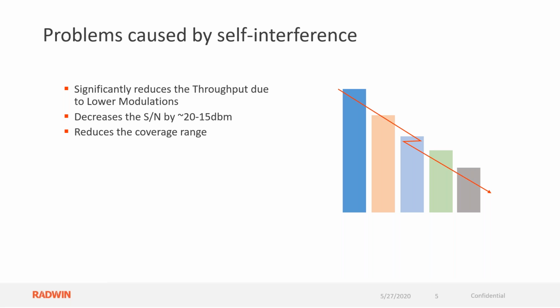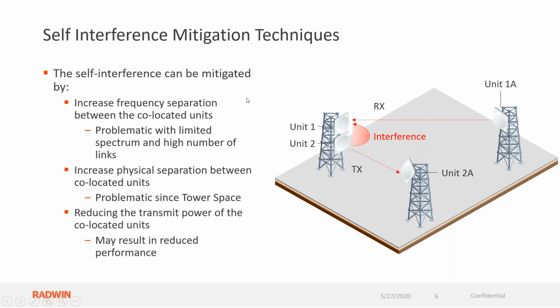It decreases the signal-to-noise ratio by 15 to 20 dB and, of course, reduces the coverage area. Now I will provide you a few solutions for this self-interference, how to mitigate it.